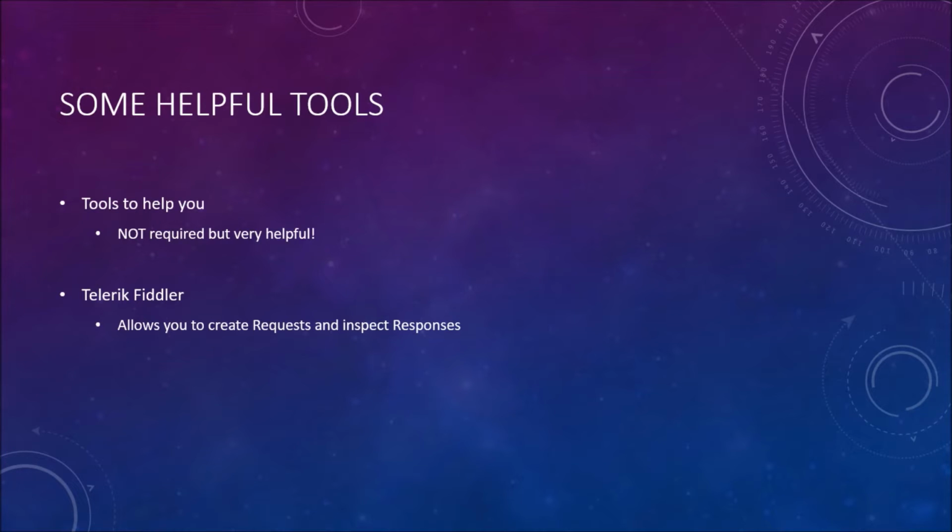So you can see all of the headers and the body and anything else that might be associated with that response, as well as the request. So you can be very thorough and exacting about how you want to format your request to your web server. And that becomes very important when you start to deal with web API.